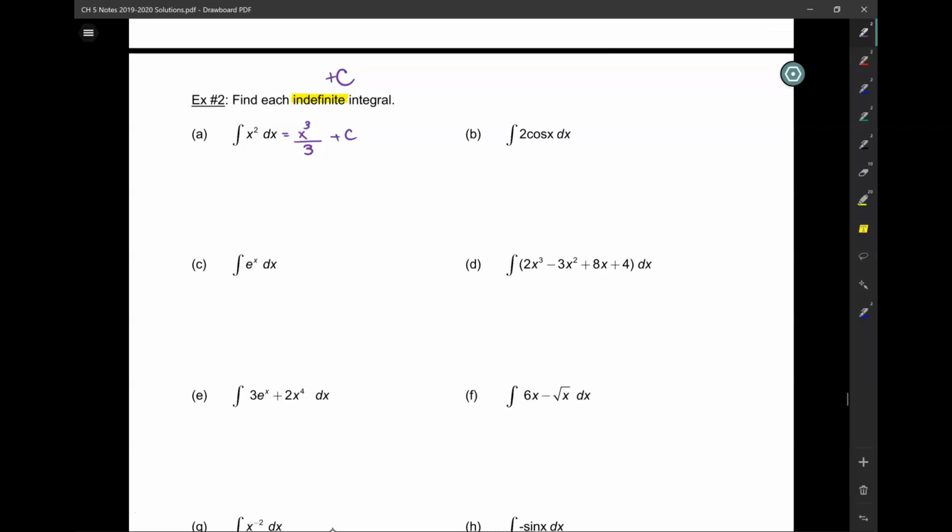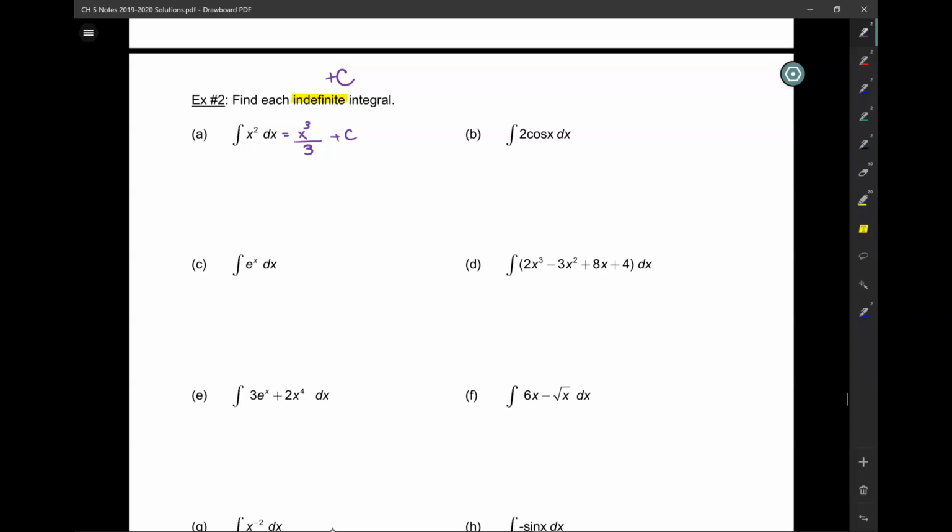Now, mentally, check. The derivative of this is 3x squared over 3, which is x squared. The derivative of c, that's a constant, is 0. So the derivative of all this is the original x squared. We are finding the integral, aka antiderivative.